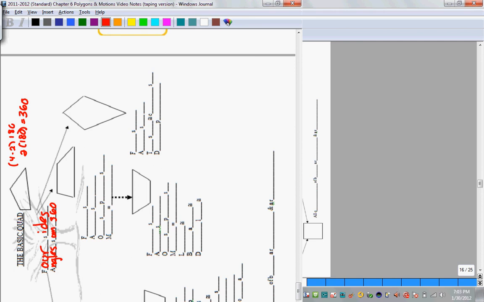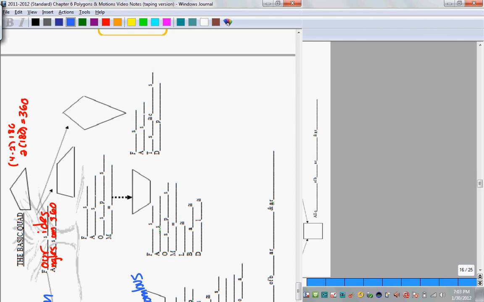Now, these are the members of the quad family tree. We have the parallelogram, the rectangle, the rhombus, the square.